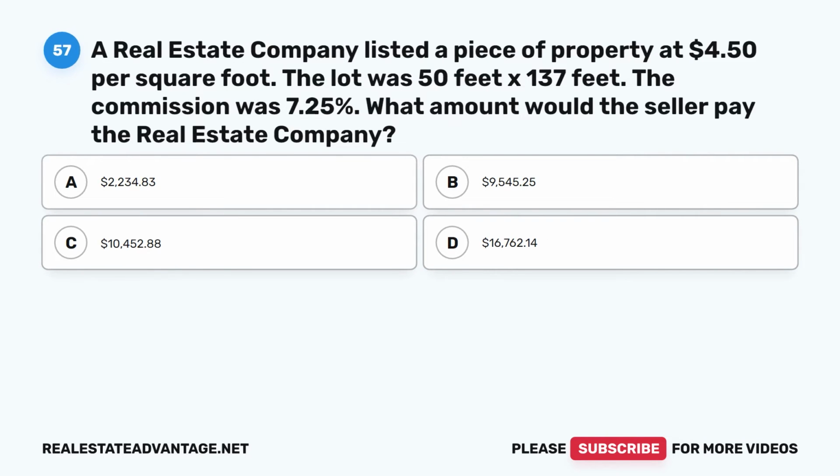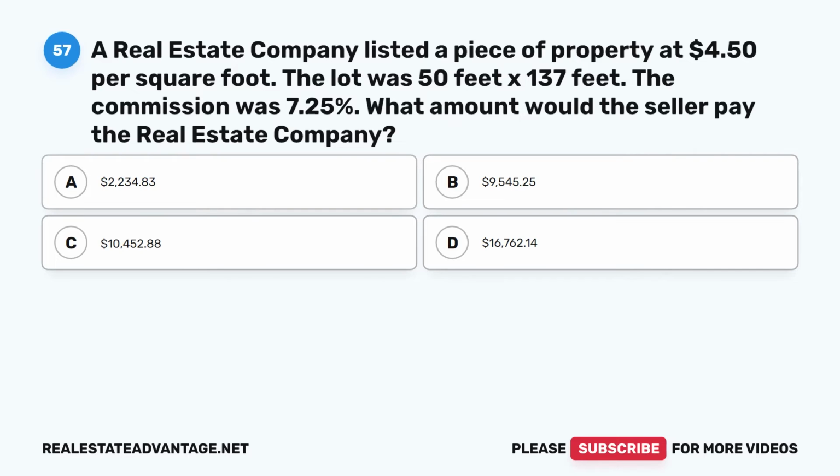Question 57. A real estate company listed a piece of property at $4.50 per square foot. The lot was 50 feet by 137 feet. The commission was 7.25%. What amount would the seller pay the real estate company? A. $2,234.83. B. $9,545.25. C. $10,452.88.